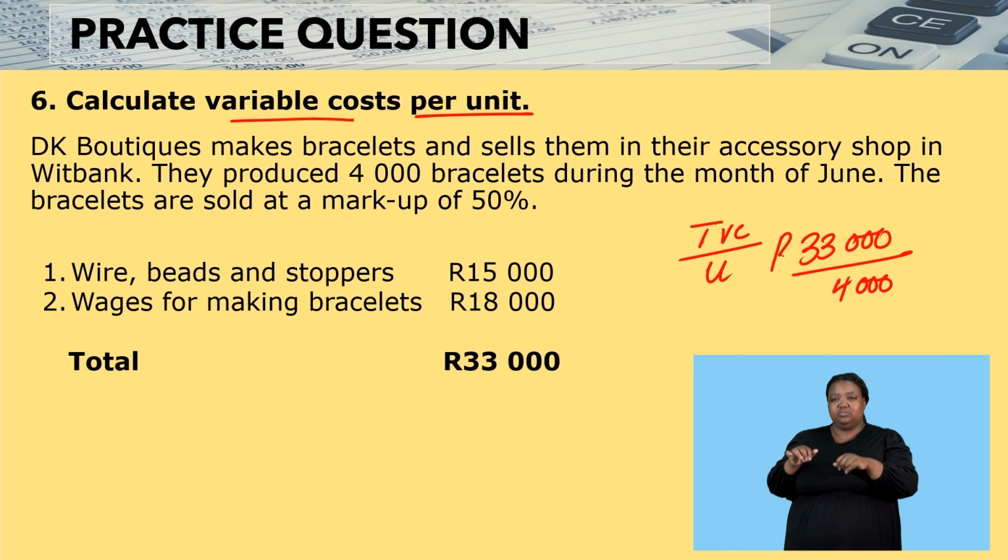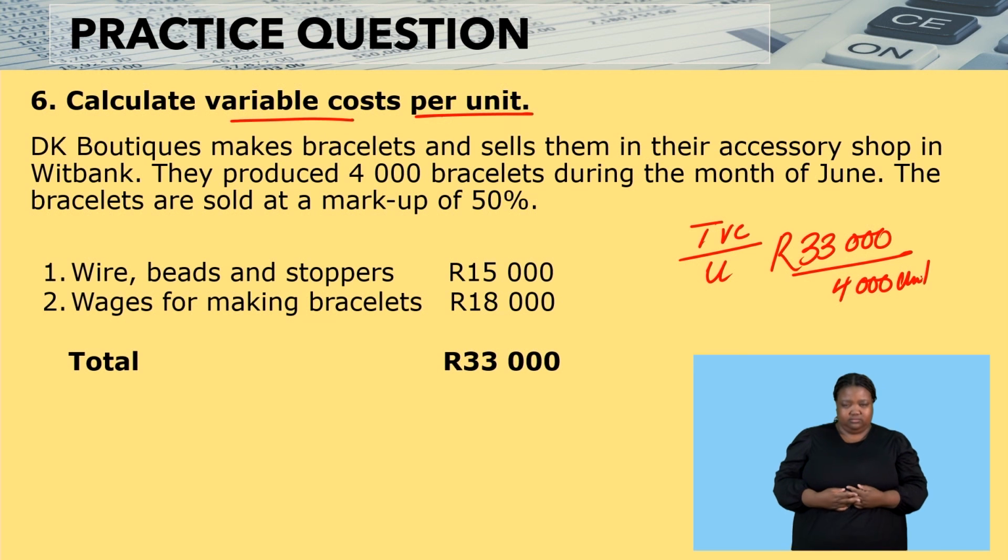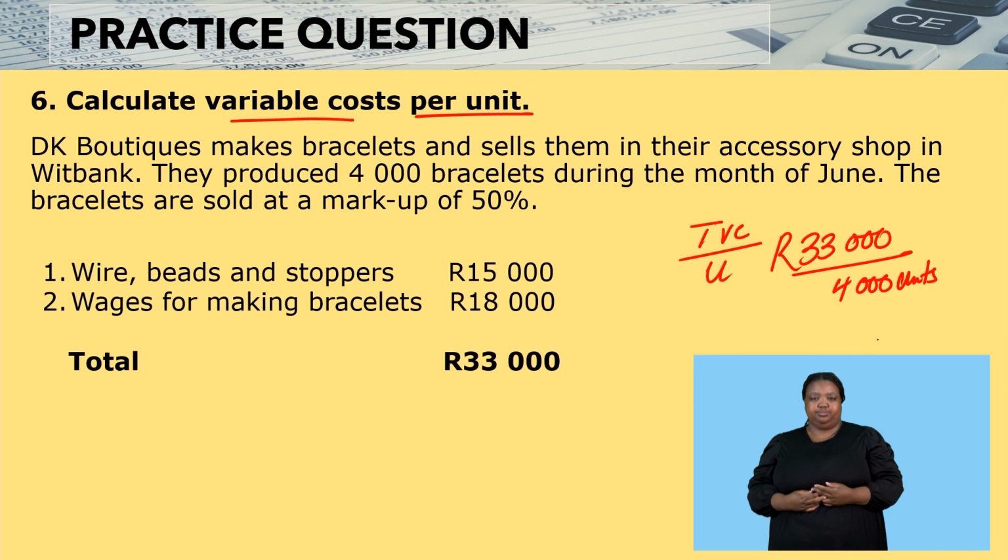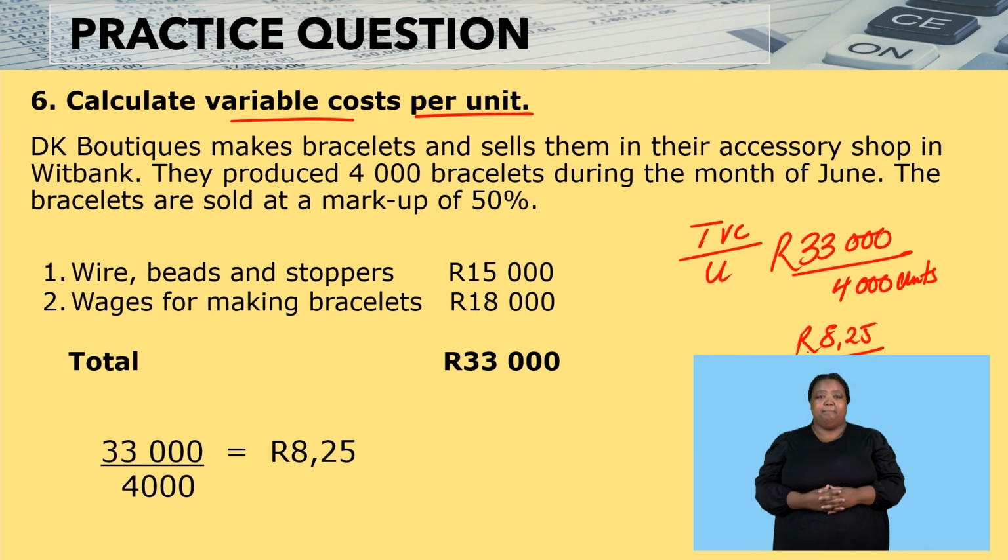Once I do that, I should get 8 Rand 25. That becomes my variable cost per unit. There you see, 8 Rand 25.